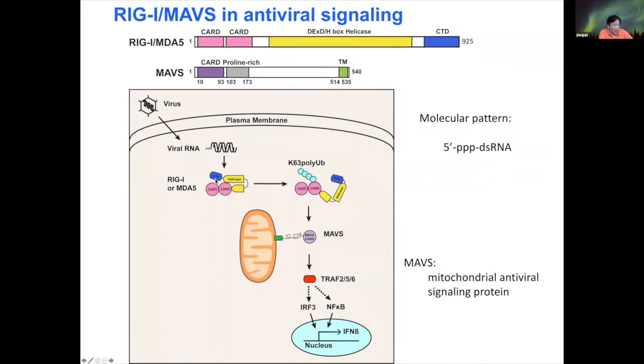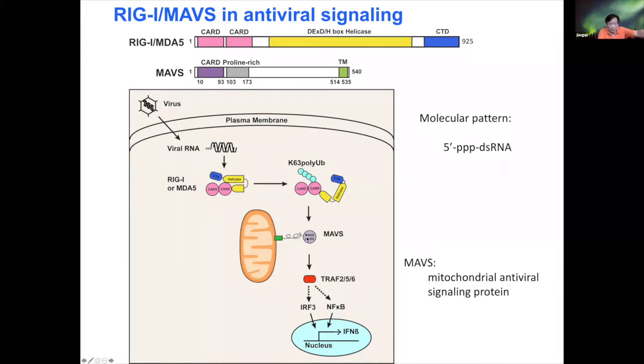The RIG-I usually inside the cell is in the resting state and inactive. Once it recognizes the signature sequence in the viral RNA, it can convert into an active form. In a complicated sequence, it will then activate the MAVS molecule on the surface of the mitochondrial membrane.